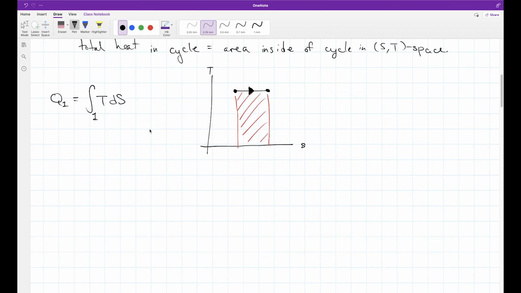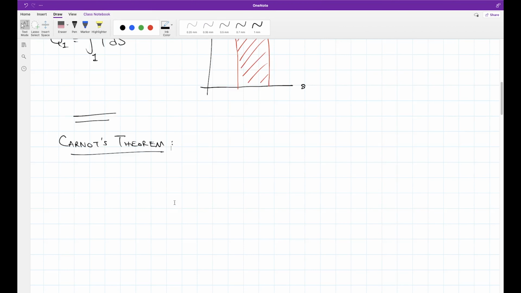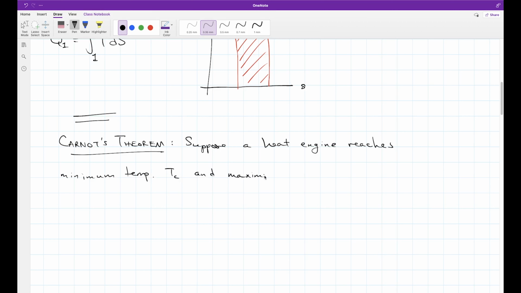All right, so without further ado, now let's state Carnot's theorem. Suppose a heat engine reaches minimum temperature Tc and maximum temperature Th.